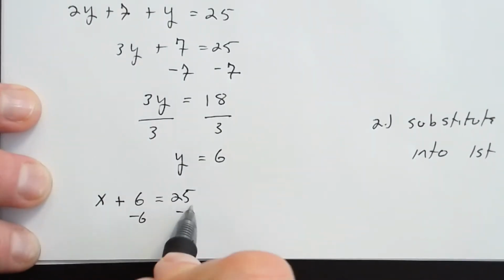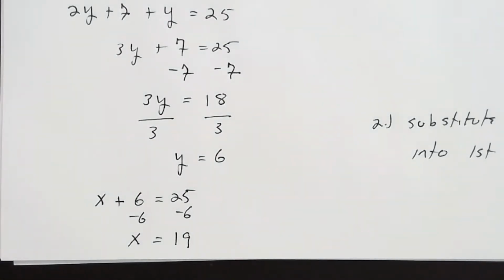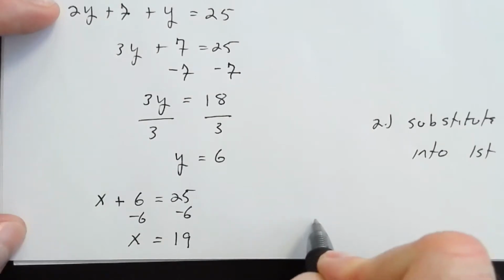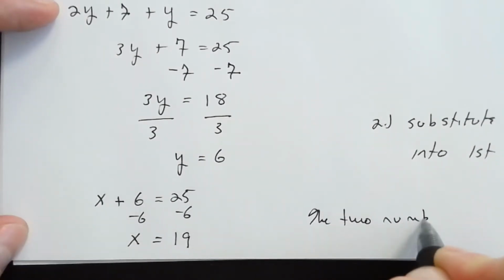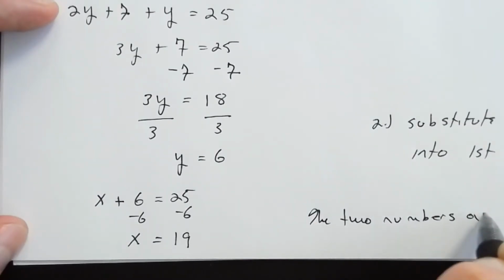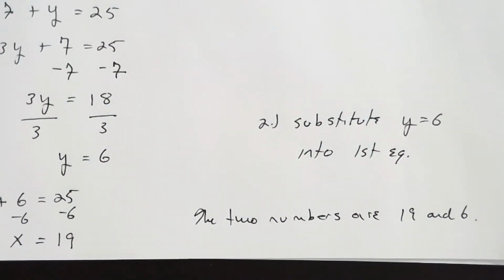Minus 6, minus 6. X is equal to 19. So we have our two numbers. The two numbers are 19 and 6.